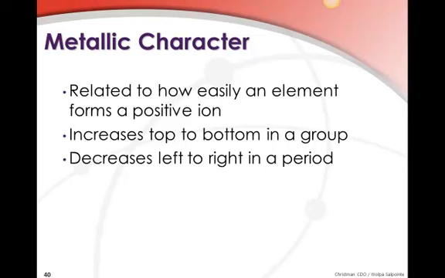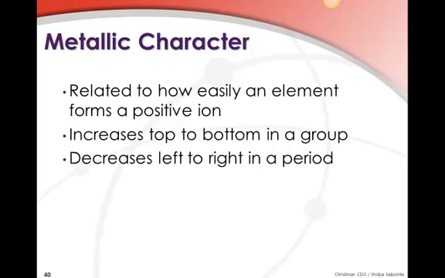And the last one we're going to talk about, okay, so we did not discuss metallic character, but this is also a periodic trend. And in the next two videos we're going to go over metallic and non-metallic character. But metallic character is related to how easily an element forms a positive ion, which means it's determined by the ionization energy.